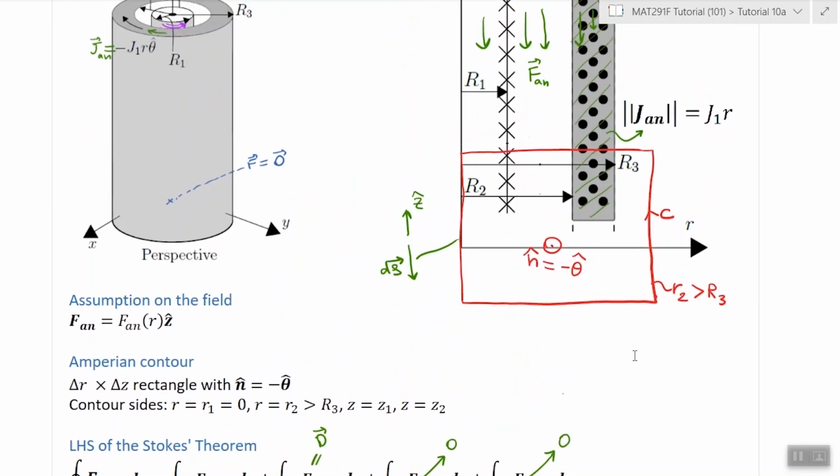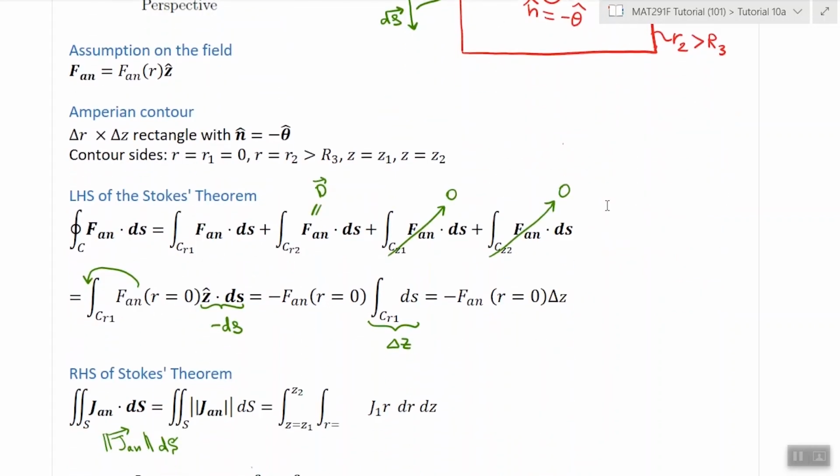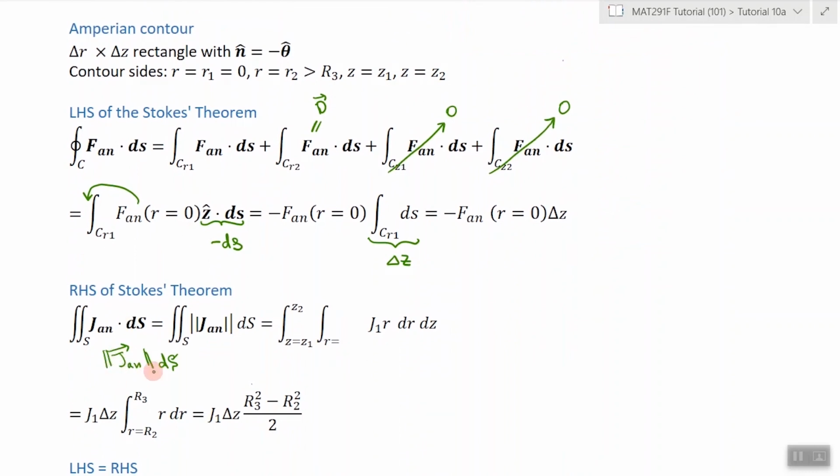But we know that ds is out of the page, so is this J, right? So then this is going to be with a positive sign. That's how I got this.